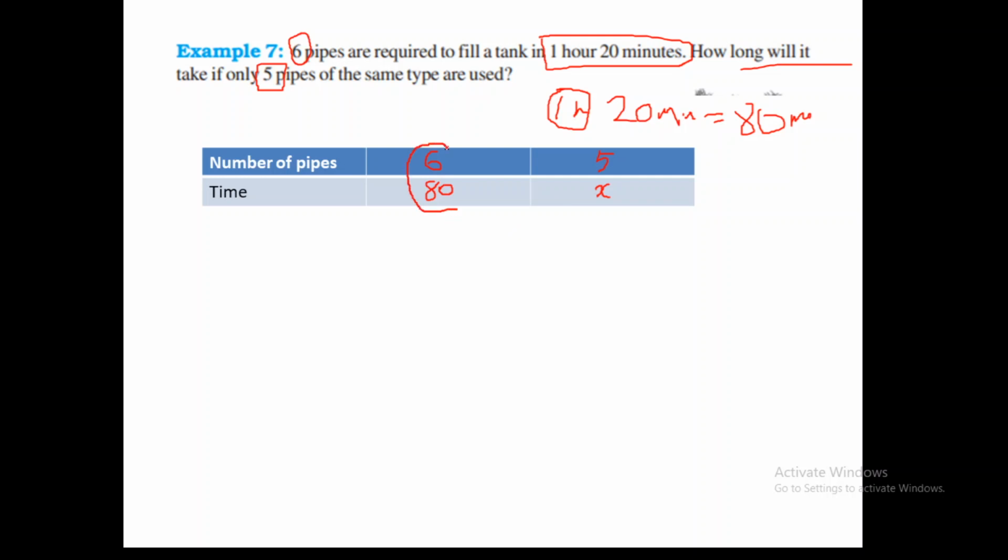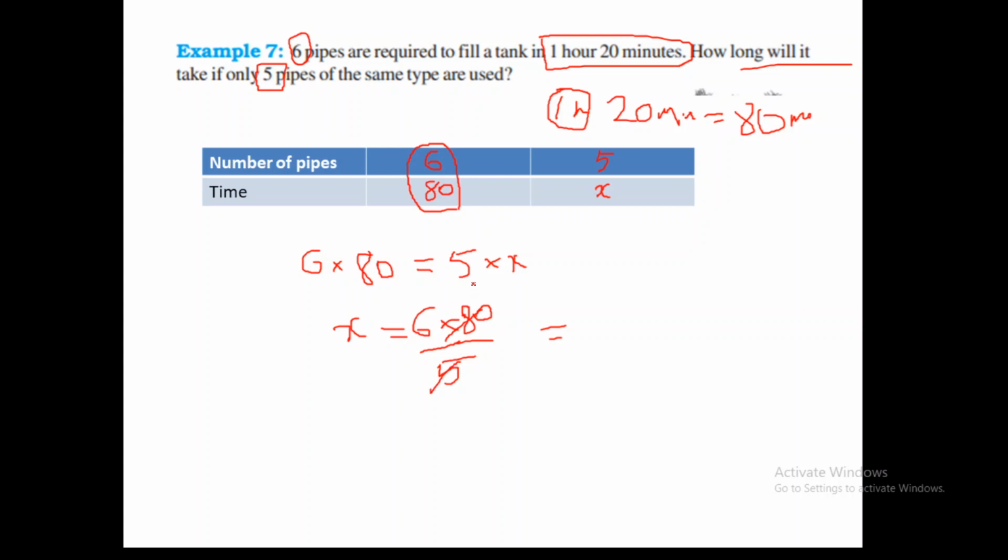So what is the condition of inverse proportion? 6 into 80 should be equal to 5 into x, right? Then what is x equal to? So x equal to, take 5 in the denominator, 6 into 80 by 5, then divide it. 80 and 5 will be divided.